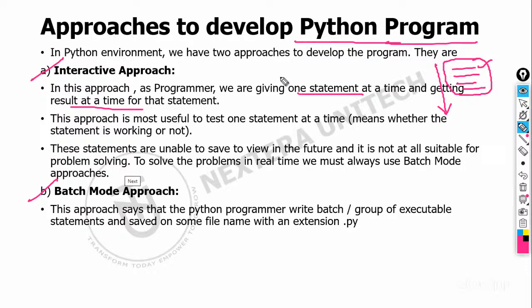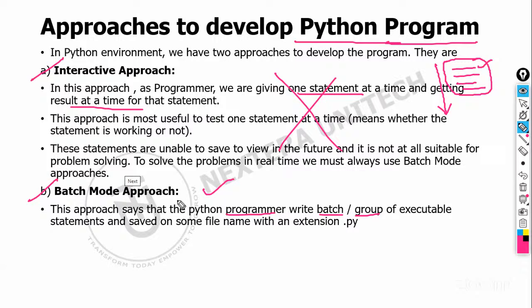But in general, this is not followed. So what is the best way? The best way is the batch mode approach. This batch approach says the programmer writes a batch or group of lines of code, statements, saves it in a .py file, then executes it. We follow the same in real time.